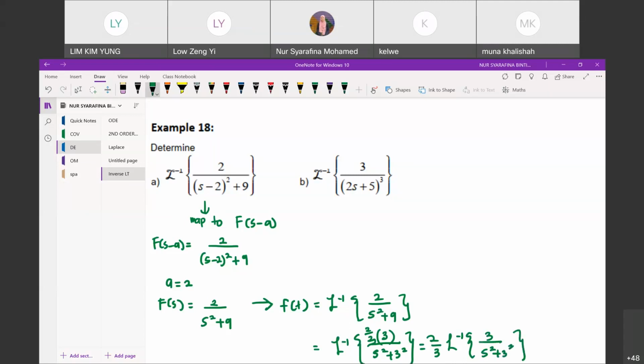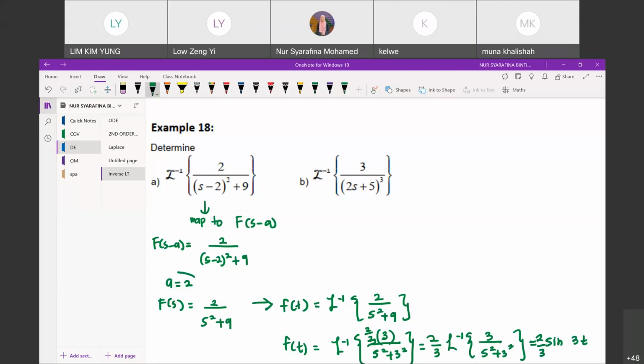So inverse transform of 3 over s squared plus 3 squared becomes what? Okay, sine 3t. So here we have 2 over 3 sine 3t.